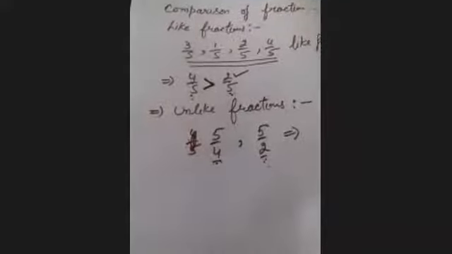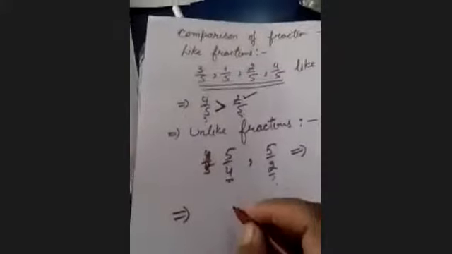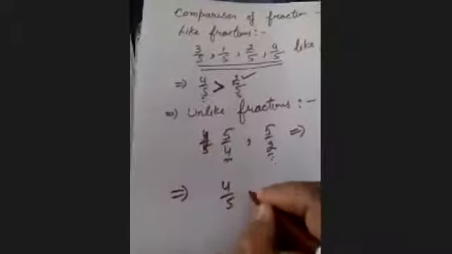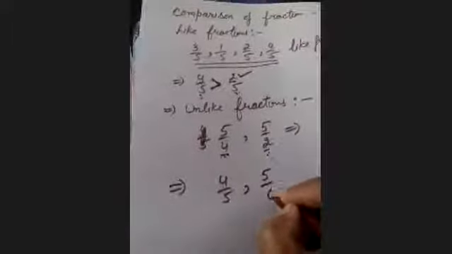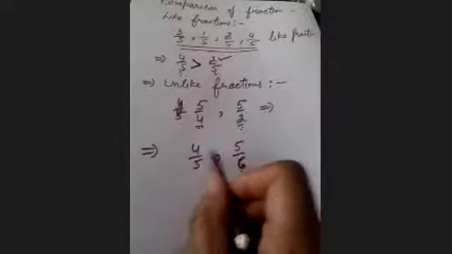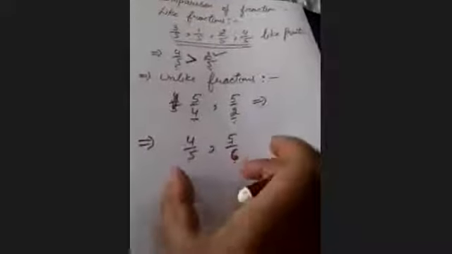Now the result is opposite. Then the third type is if numerator and denominator both are different. For example, 4 upon 5 and 5 upon 6. Now the denominators are 5 and 6 and the numerators are 4 and 5. Both are different. Now how can we compare these two fraction numbers?